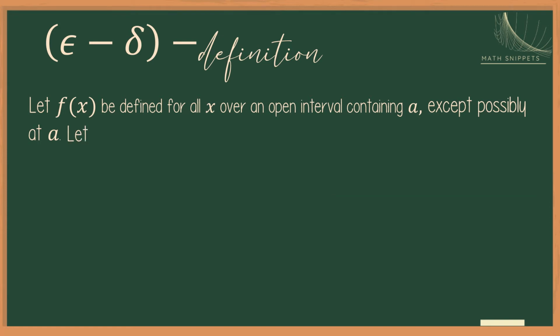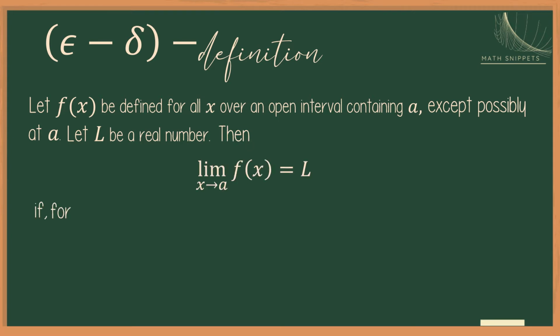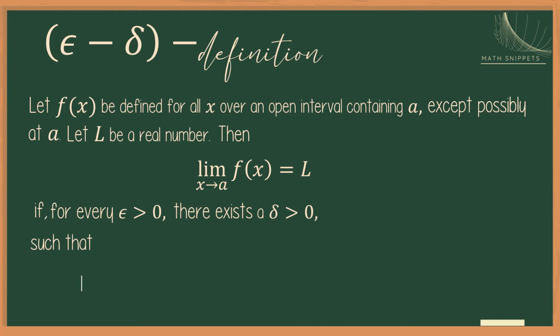Now suppose we have a real number L. We say that the limit as x approaches A of f of x is equal to L if for every epsilon greater than 0 there exists a delta greater than 0, such that if the distance between x and A is greater than 0 and less than delta, then the distance between f of x and L is less than epsilon.